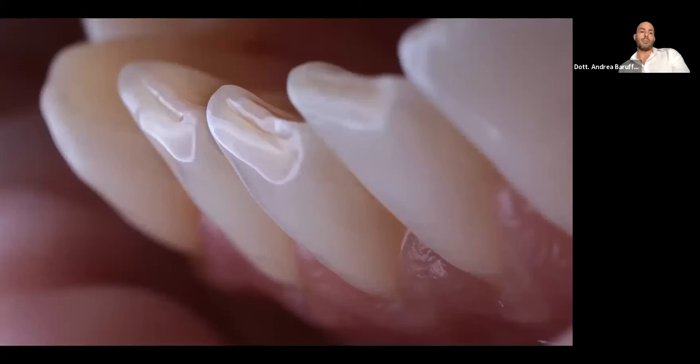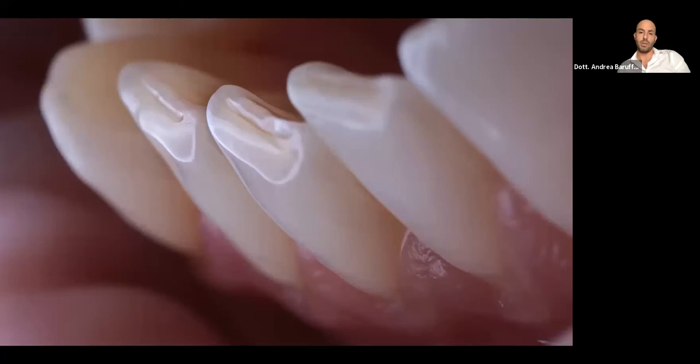This is a young patient, and this kind of aberration we usually see in elderly patients, but in a young patient we have to ask some questions. We can see clearly that something is not working very well.